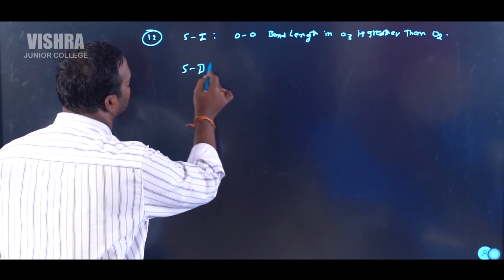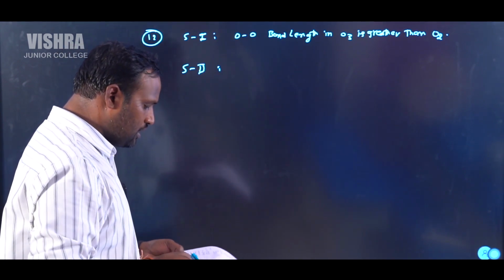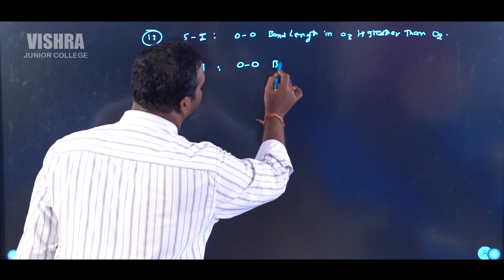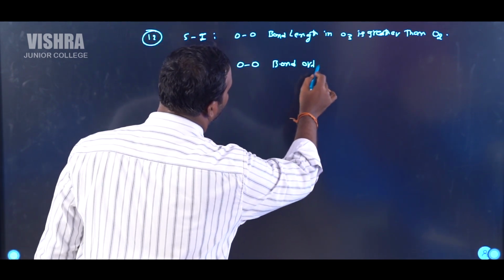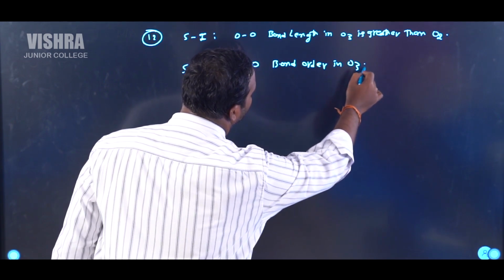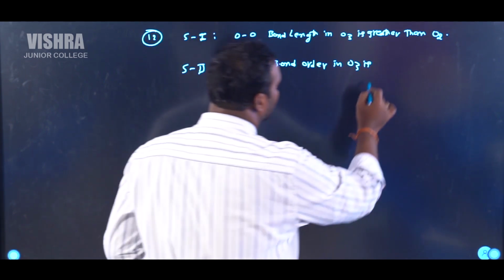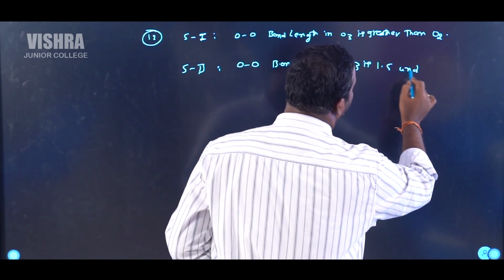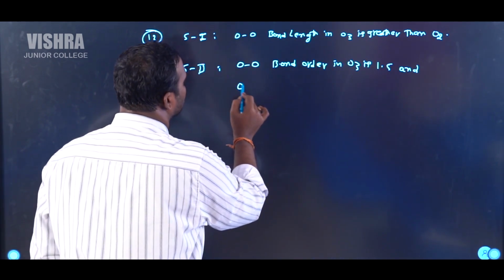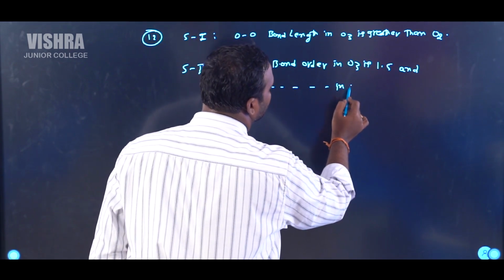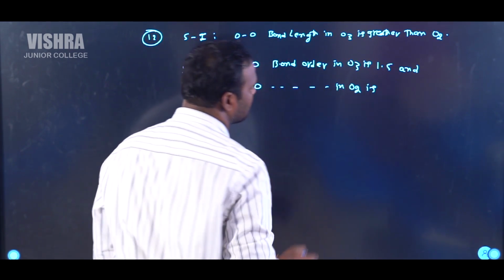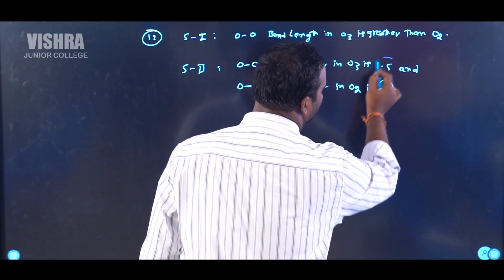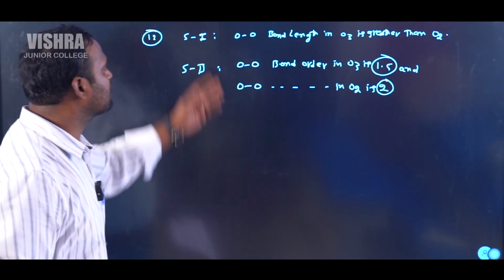Statement 2: the oxygen bond order in ozone is 1.5 and the oxygen bond order in O2 is 2. Here the bond order is 2, here the bond order is 1.5. Which one is correct in this case?